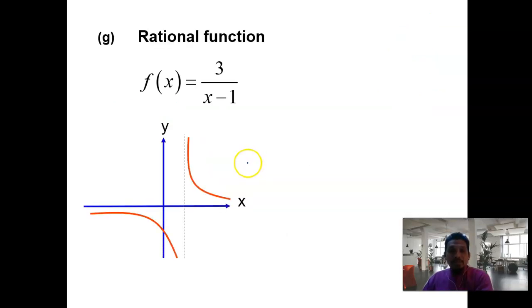Now, for a rational function, the denominator cannot be equal to 0, meaning that x minus 1 cannot be equal to 0, and x cannot be equal to 1. Class, so this line represents the value of x equal to 1.